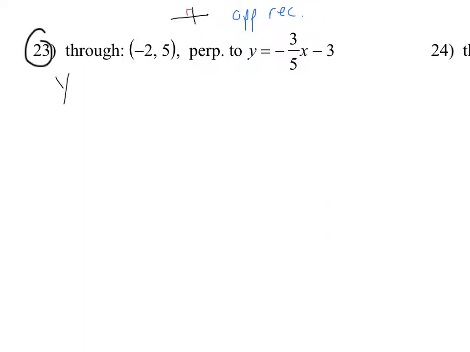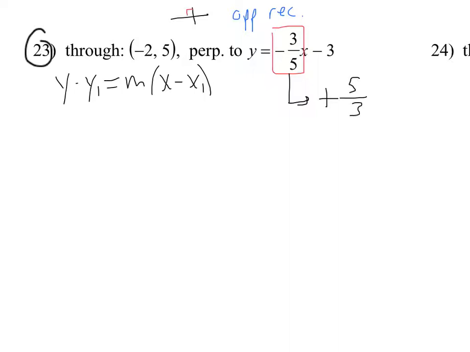So again, we're going to use our point slope form to help us. Before we knew the slope right away, here we kind of do, but since they're not parallel, we can't use it as is, we have to change it. Opposite means it will be plus because it was negative. Reciprocal means we flip the fraction.